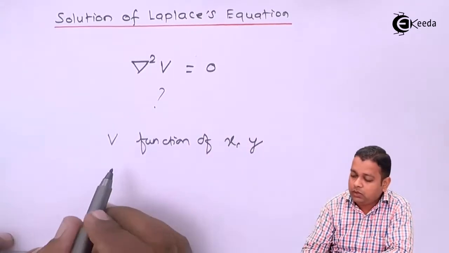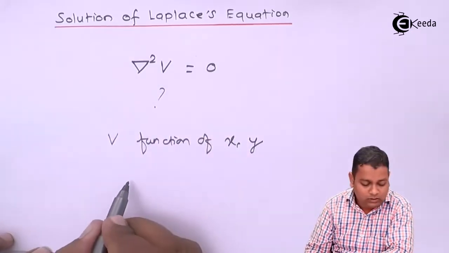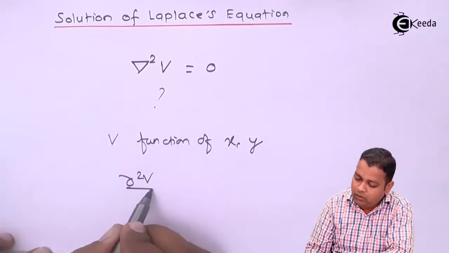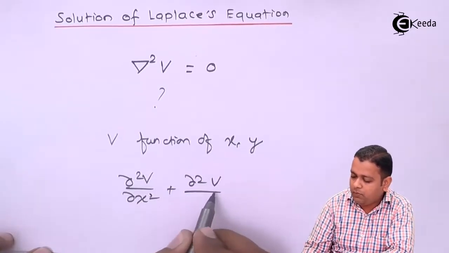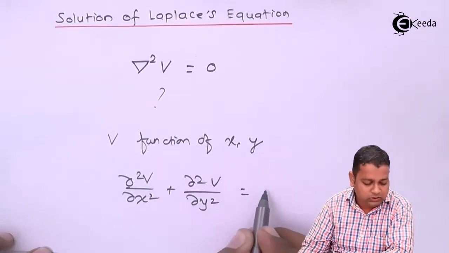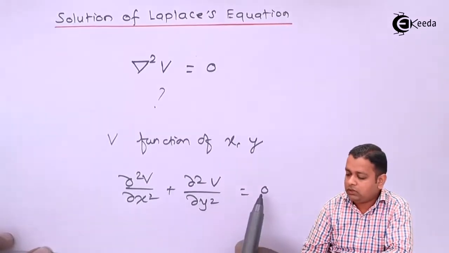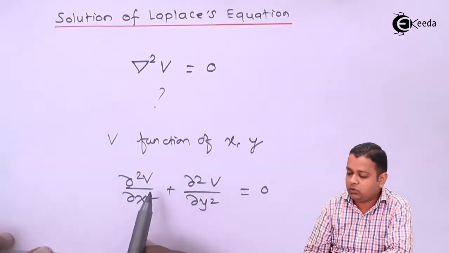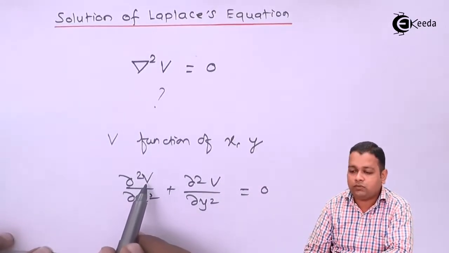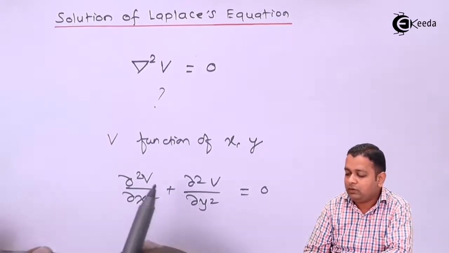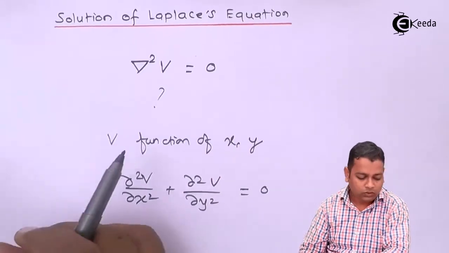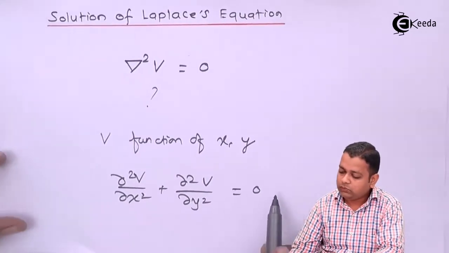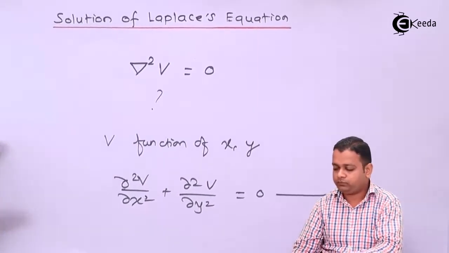Therefore del square V we can write as del 2V by del x square plus del 2V upon del y square is equal to 0. So we have taken second order partial differentiations of the electric scalar potential V with respect to x and y, when V is a function of x and y only. Let us put this to be equation number 1.